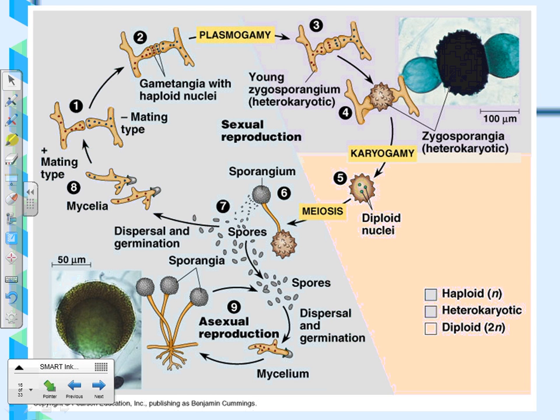Notice here's that same cycle that we've been talking about. It's basically the same sexual cycle. We have hyphae, or mycelia, plus and minus. They fuse together, haploid plus haploid. First of all, we get plasmogamy, which is where the cytoplasms fuse. Then over here we get karyogamy, which is when what fuse? Nuclei. Gives us a diploid nucleus. Those diploid cells eventually are going to lead to the creation of the sporangium, a fruiting body.